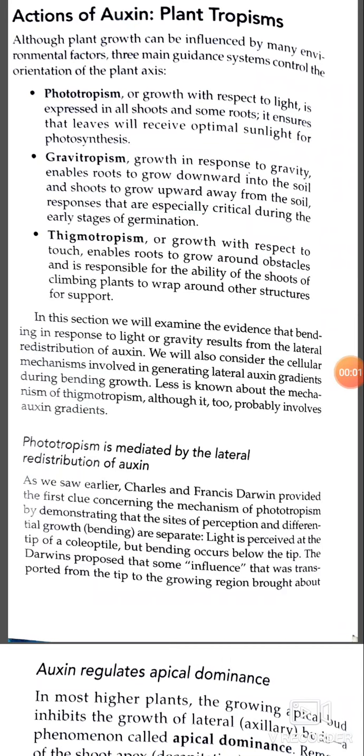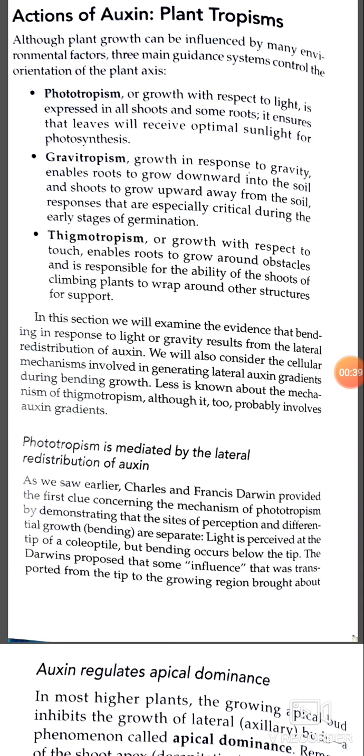Today we are going to discuss the actions of auxins in plants. Earlier we discussed auxins and the experiment on auxins by F.W. Went, the phototropism process, and natural and synthetic auxins of plants, natural auxins like IAA, IBA, etc., and synthetic auxins like 2,4-D.